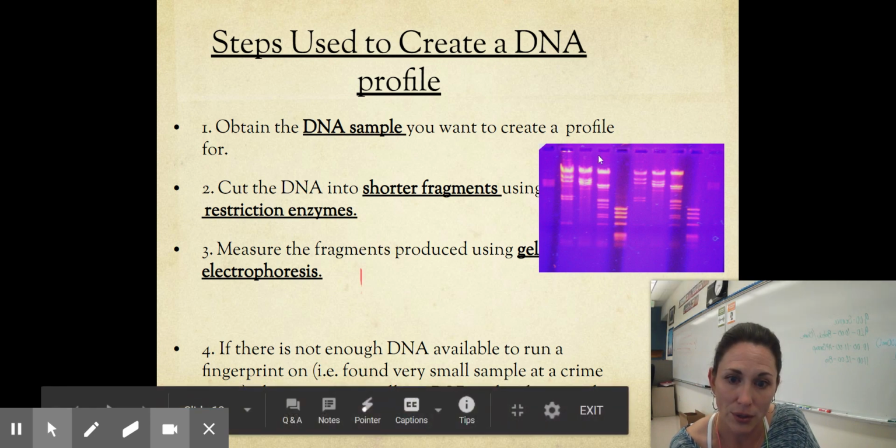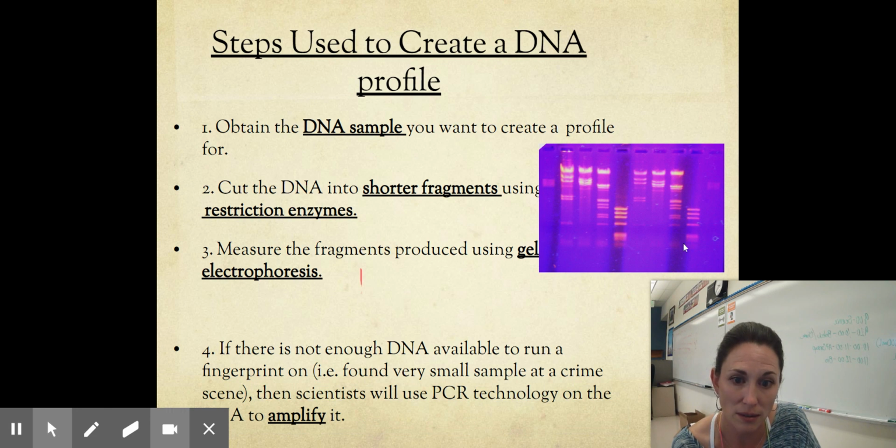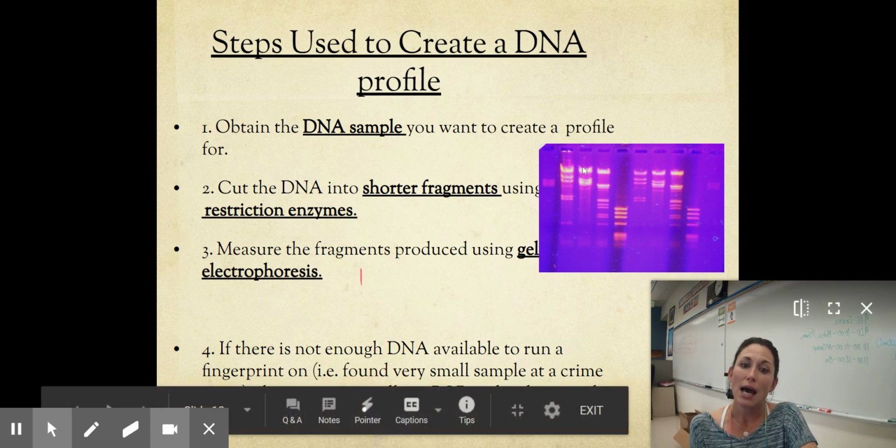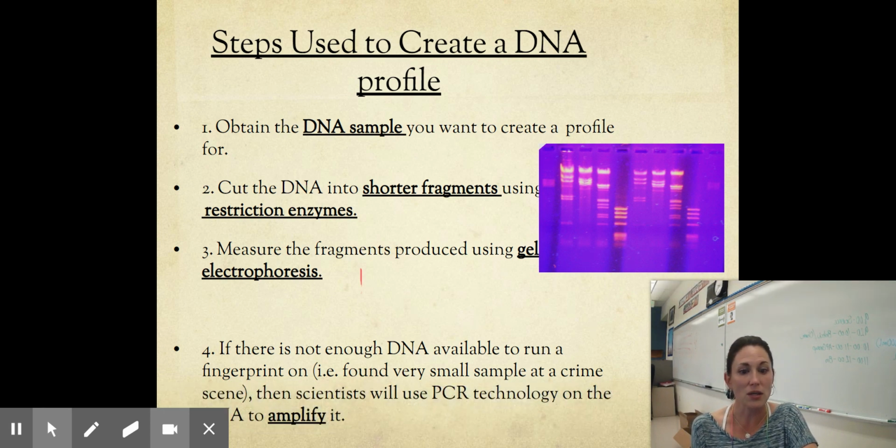Also, this sample and its banding pattern looks identical to this one. And this one looks identical to this one. And what we're looking for when we run a gel is exactly the same banding patterns so that we can determine who committed a crime. For our lab, the one that you'll be starting soon, we will have several suspects as well as DNA that we collect from the crime scene.